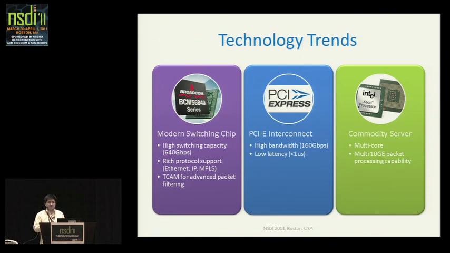Third, the high-speed PCI-E interconnect can provide a very high bandwidth and low latency data channel between the CPU and its peripheral devices. For example, PCI-E Gen 2 with 16 lanes has up to 160 Gbps bandwidth and very low latency, less than 1 microsecond.